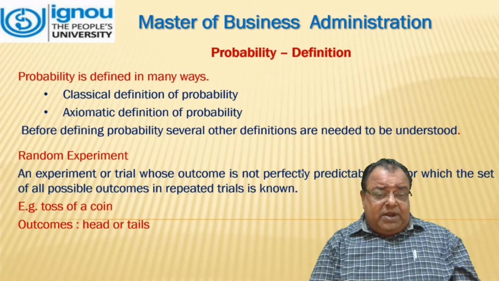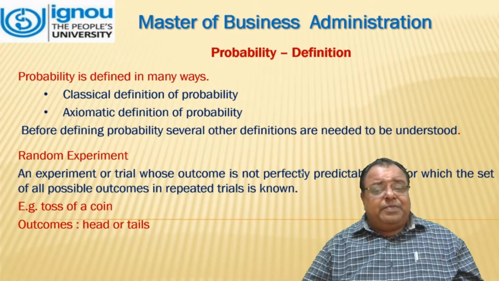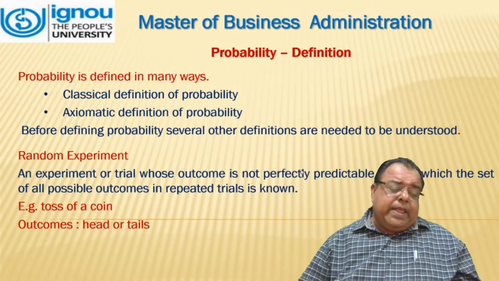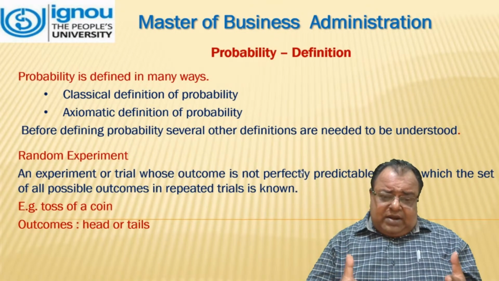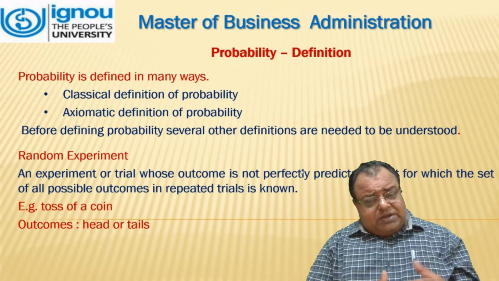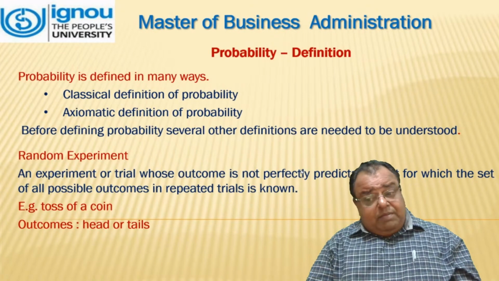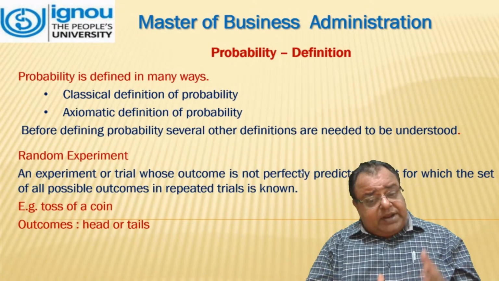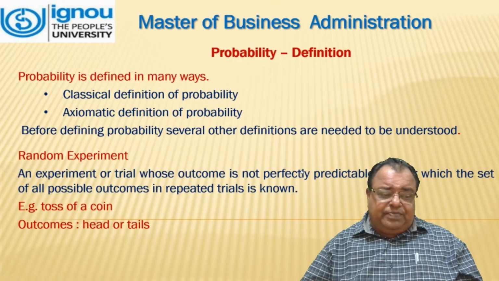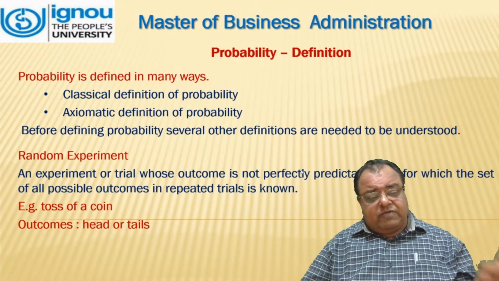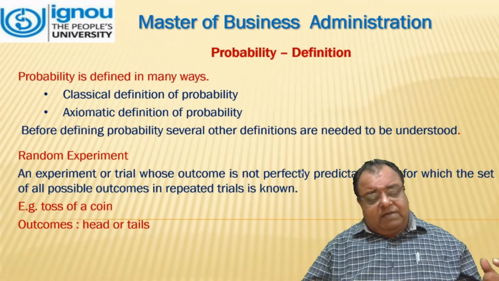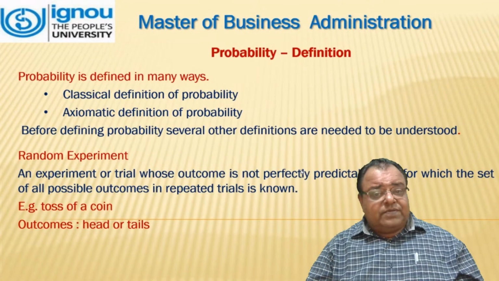Before defining probability, several other definitions need to be understood. We will start with the random experiment. An experiment or trial whose outcome is not perfectly predictable, but for which the set of all possible outcomes on repeated trials is known. If we take an example of a toss of a coin, we know that either a head or a tail will come. That means we have two outcomes.